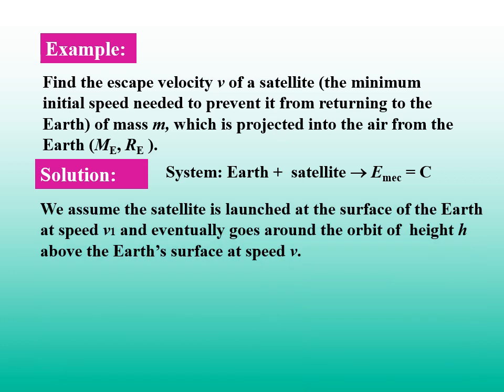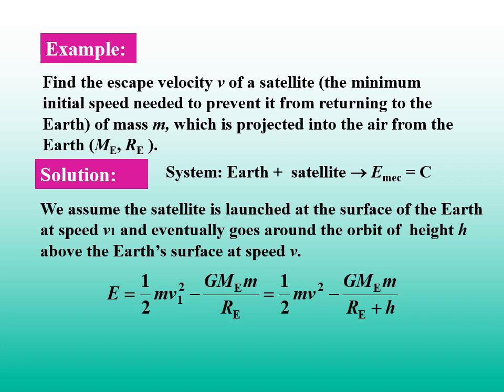We assume the satellite is launched at the surface of the Earth at speed v1 and eventually goes around the orbit at height h above the Earth's surface at speed v. As the satellite is launched at the surface of the Earth, the mechanical energy is 1/2 m v1 squared minus G M_E m divided by R_E.